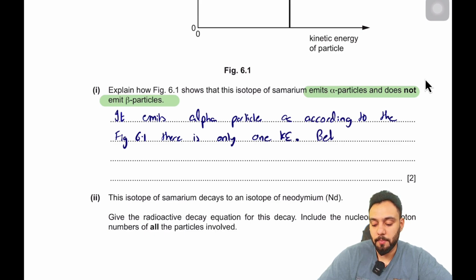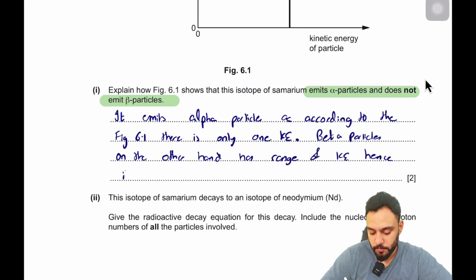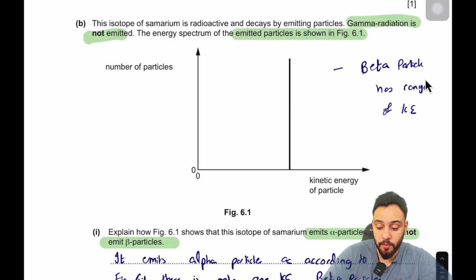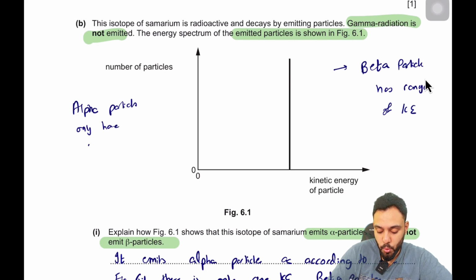Beta particles, on the other hand, has range of kinetic energies, hence it cannot be beta. So there's a key point to remember over here, that beta particles has range of kinetic energies and alpha particles only have one kinetic energy.